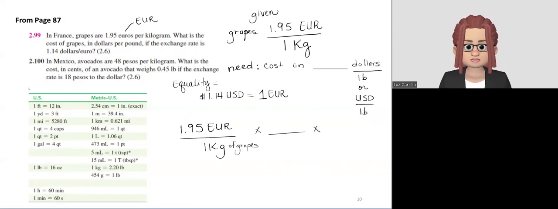Using dimensional analysis, we can get to the units of US dollars per pound of grapes. The first thing that we could do is change specifically the euro to dollar.